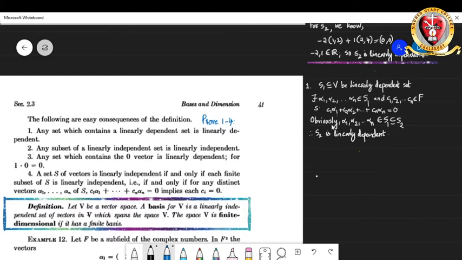So whenever S1 is contained in S2, we know that all these alpha 1 etc. alpha n are in S2 too, right? And also the linear combination that is equal to 0 is satisfied there. That means S2 is linearly dependent, right?